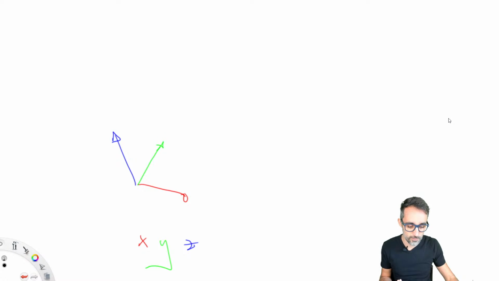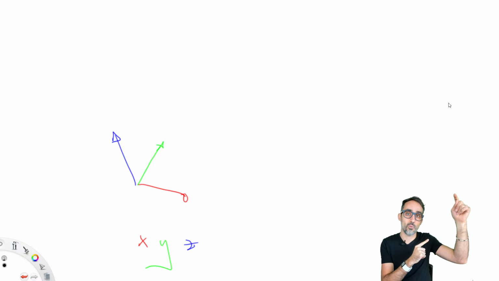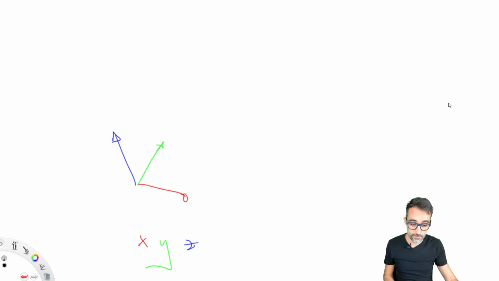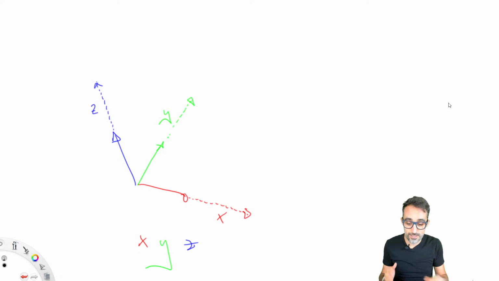If the point that we want to get is x units along the x-axis, y units along the y-axis, and z units along the z-axis, we can just scale each of the three axes of the reference frame by x, y, and z.